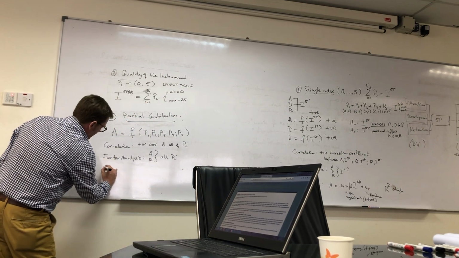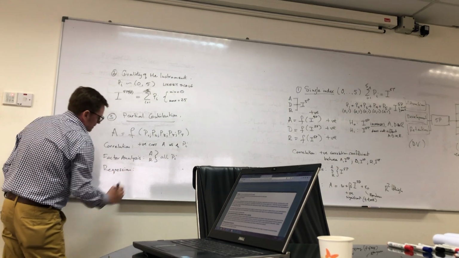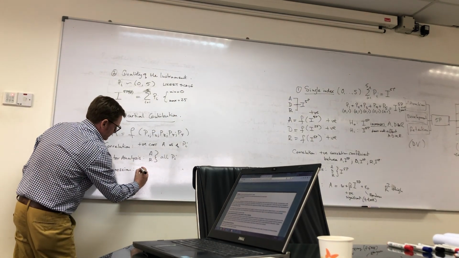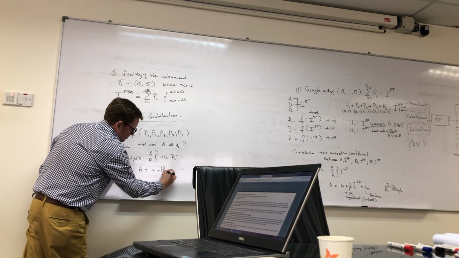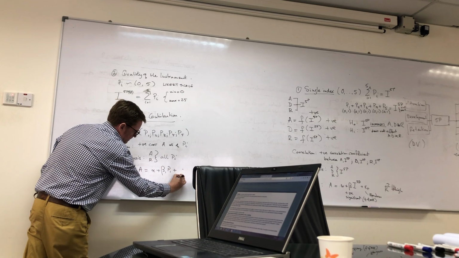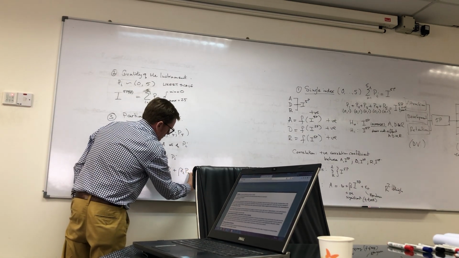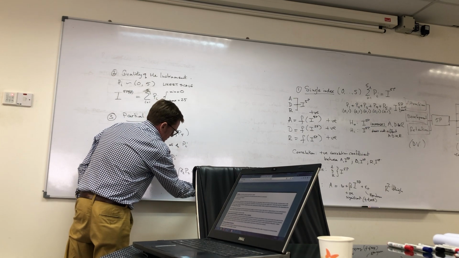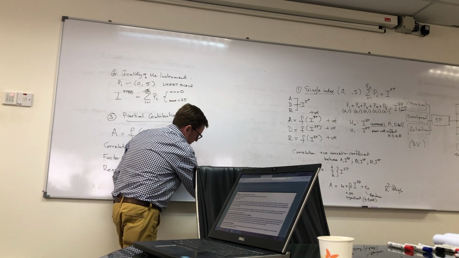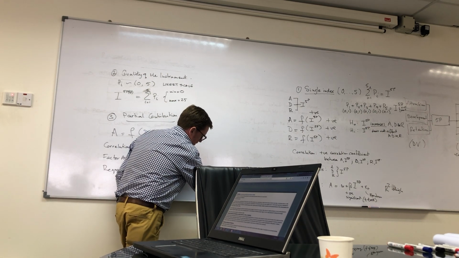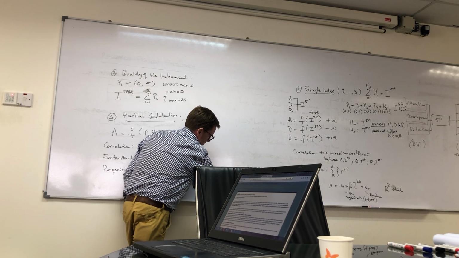If I want to do a regression, which is essentially the same thing, I would take the attraction, and it would be beta 1 P1, plus beta 2 P2, plus beta 3 P3, plus beta 4 P4, plus beta 5 P5, plus an error.